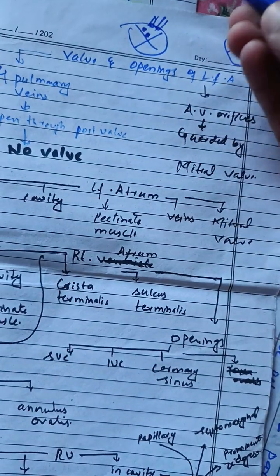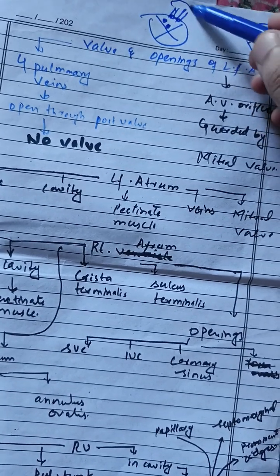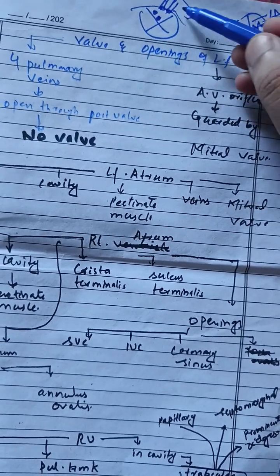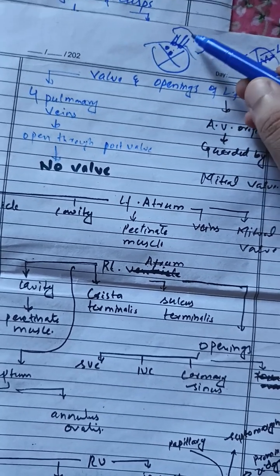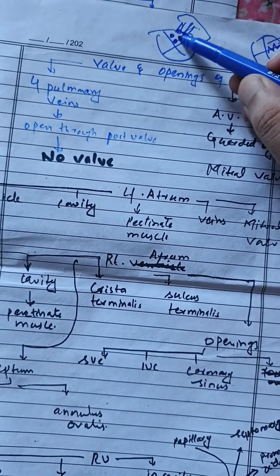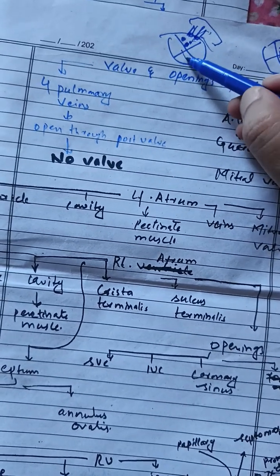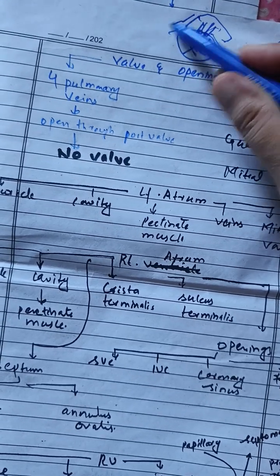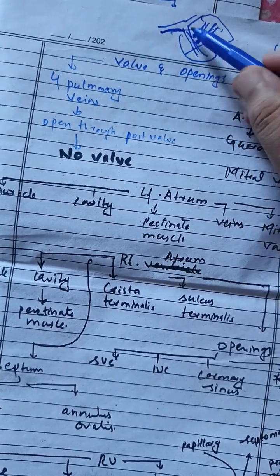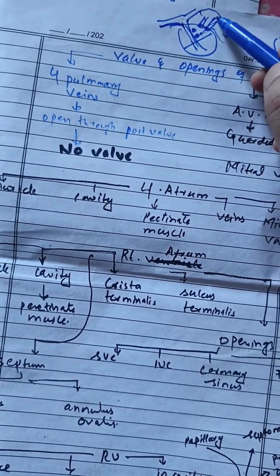These pulmonary veins have no valves, and they come from the lungs and carry oxygenated blood from the lungs to the left atrium. In the right ventricle there is the pulmonary trunk, which consists of two pulmonary arteries, and these carry deoxygenated blood to the lungs.